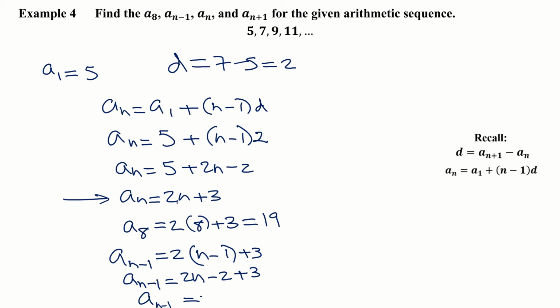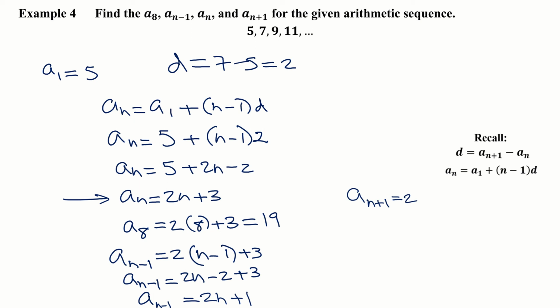So we get 2n plus 1. And for An plus 1, in other words, the n plus first term, we're going to take this formula that we have figured out for An, and we're going to replace n with n plus 1.